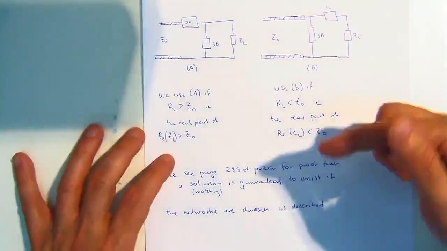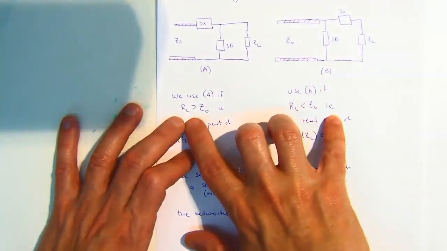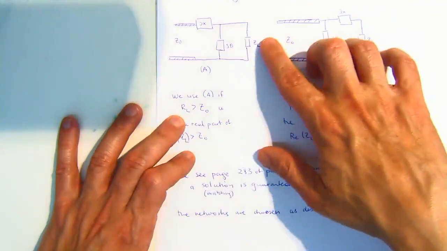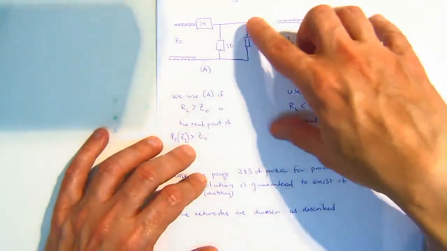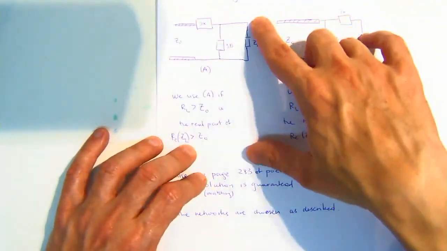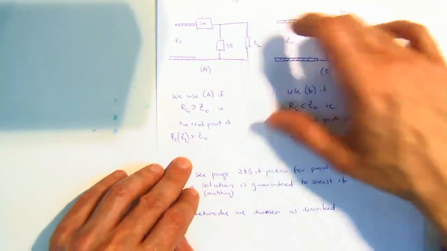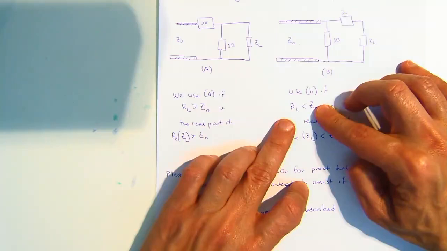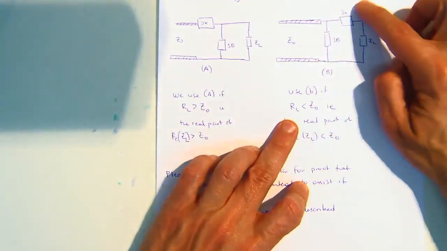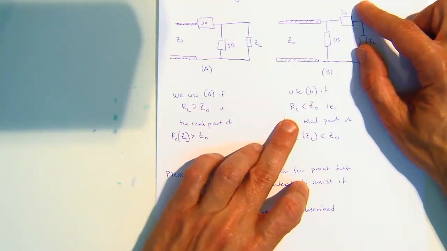Whereas if you use the following rule, if my real part of my load is greater than the characteristic impedance of the line, and I use this configuration of circuit, I'm always guaranteed a solution. And likewise, if the real impedance is less than the characteristic impedance, and I use this type of circuit, I'm always guaranteed a solution.